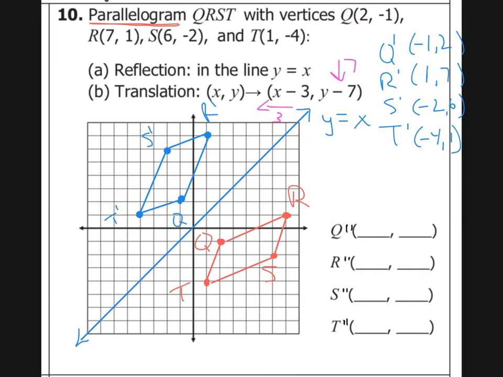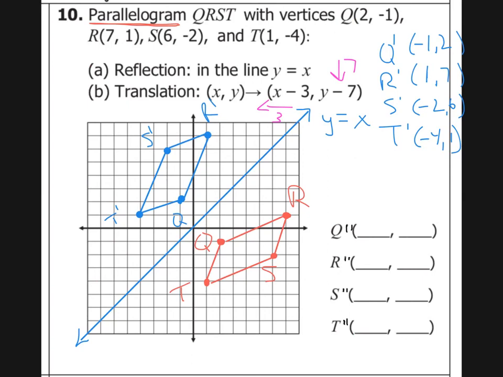It might be, in the grand scheme of things, best for us if we moved each point left 3 and down 7, applied the algebra to the coordinates, subtracting 3 from the x and subtracting 7 from the y's, algebraically arrive at coordinates, graphically arrive at coordinates, and then make sure that our graph matches up with our math. Go ahead and press pause and let's just do one.